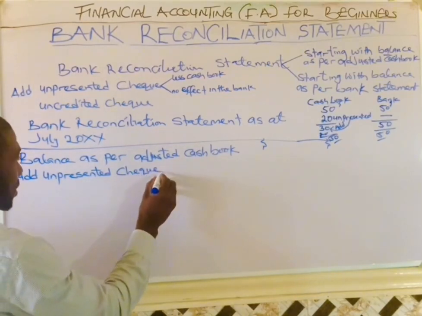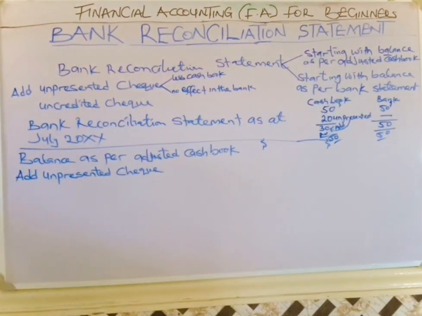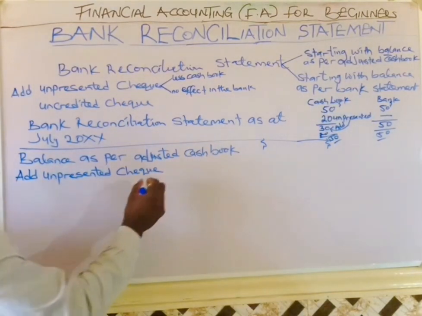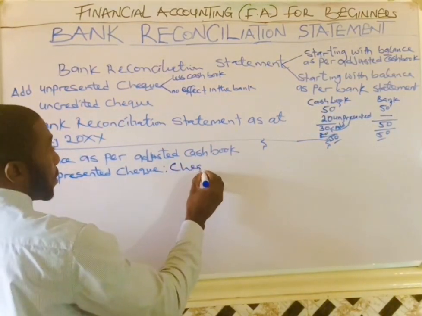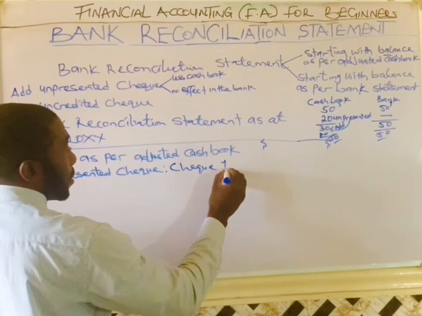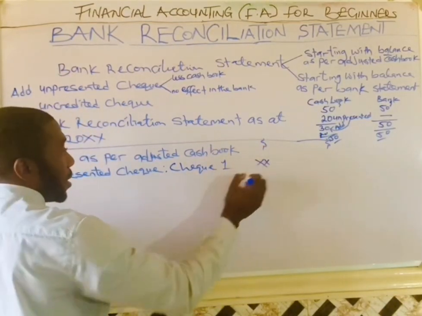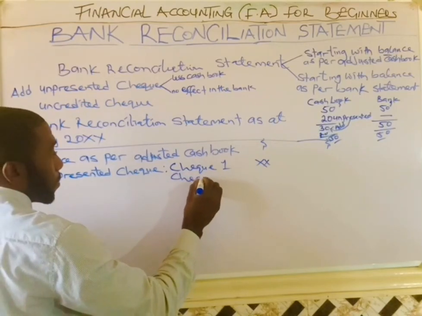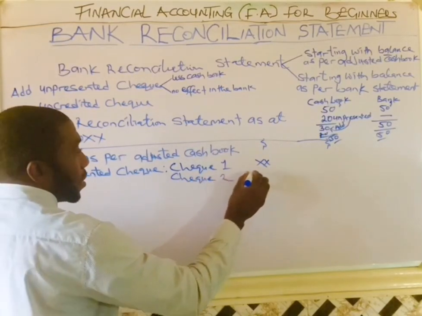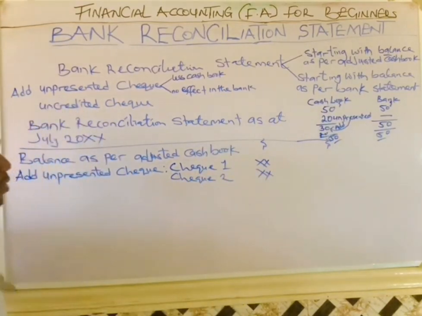You add unpresented check. But if there are checks in the equation, let's say in item 1 of the equation we have an unpresented check, and in item 3 or 4 of the equation we also have another unpresented check, you will say, assuming check 1, check 1, you put it, that is the essence of this currency sign, check 2, assuming there are 2 in the equation.